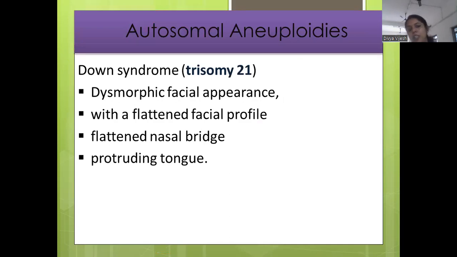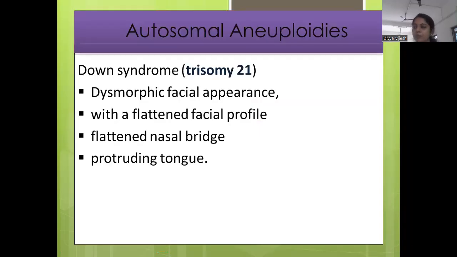Down syndrome has many features: flattened facial profile, flattened nasal bridge, protruding tongue, dysmorphic facial appearance. The genetic material DNA forms the chromosomes, and we can study chromosomes under a light microscope in the metaphase stage.